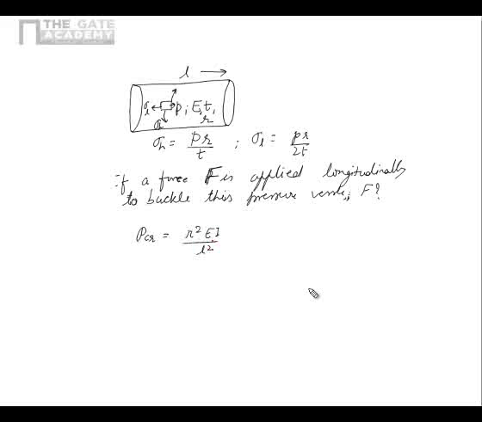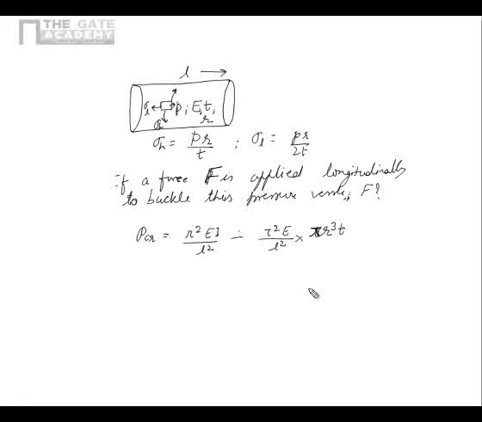Now what is the value of pi square E upon L square? That's a constant. And the I value for this structure is pi r cube T. This is the value of the I for this thin tube.